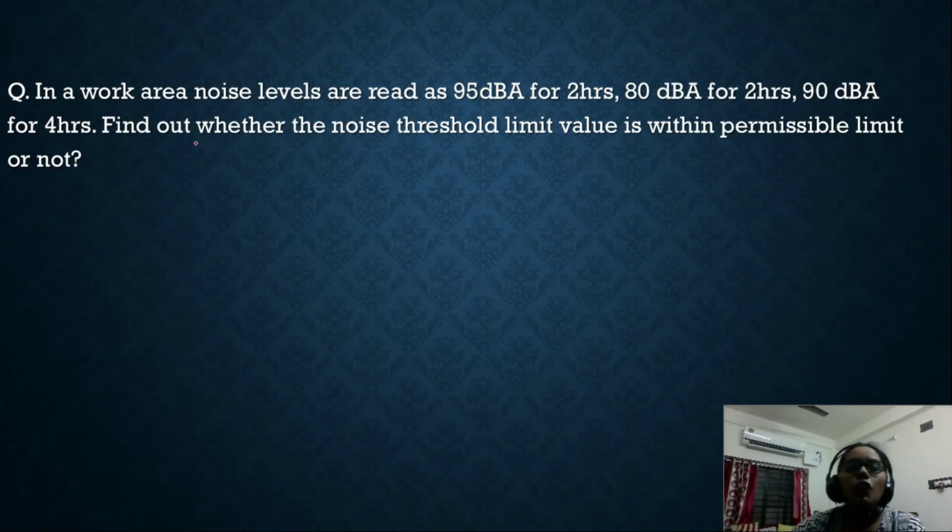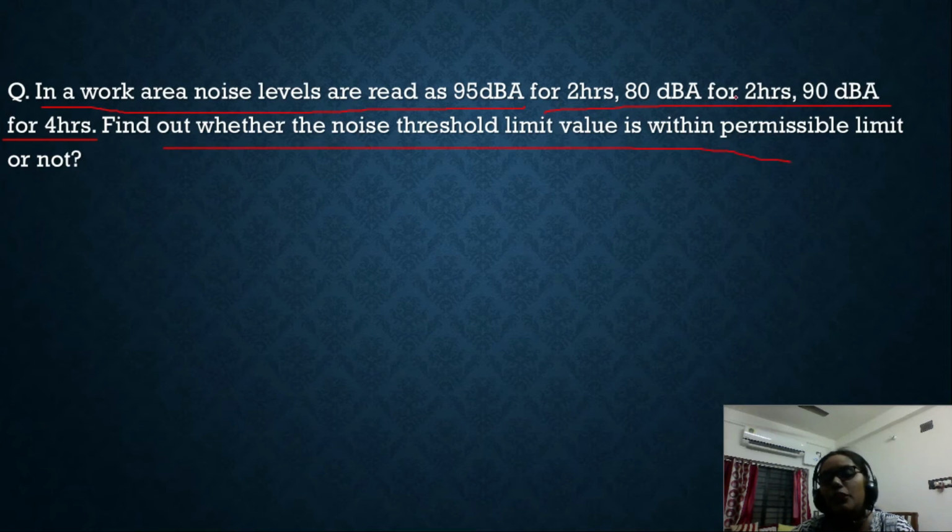Okay, so look at the question. This is our first problem. In a work area, noise levels are read as 95 decibel for 2 hours, 80 decibel for 2 hours and 90 decibel for 4 hours. Find out whether the noise threshold limit value is within the permissible limit or not.